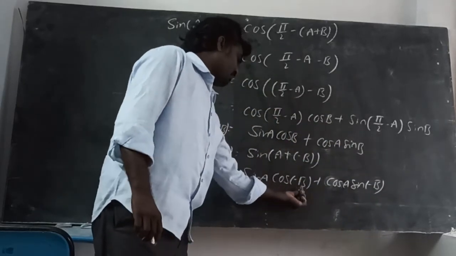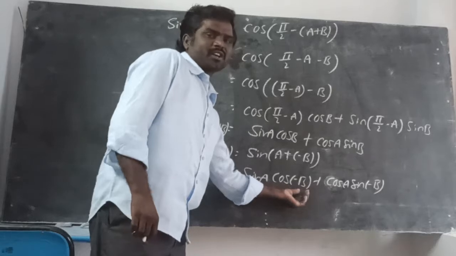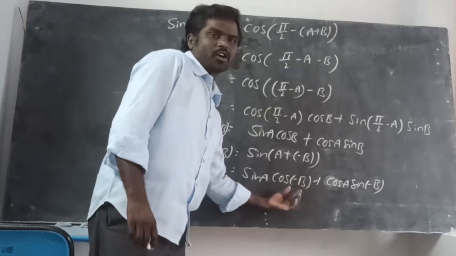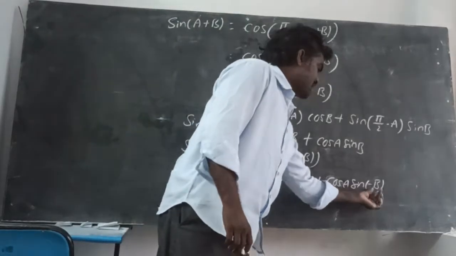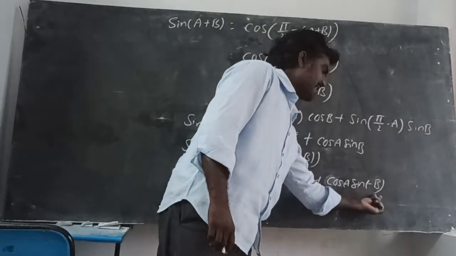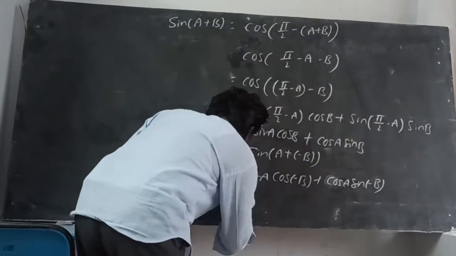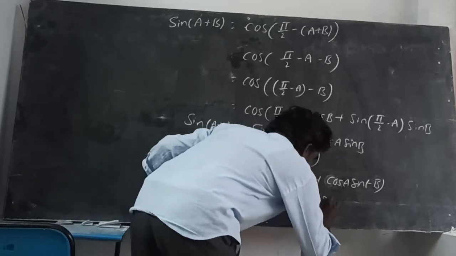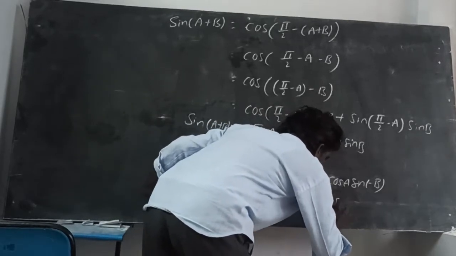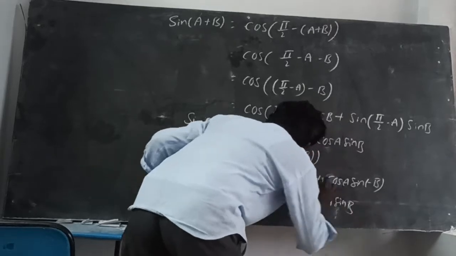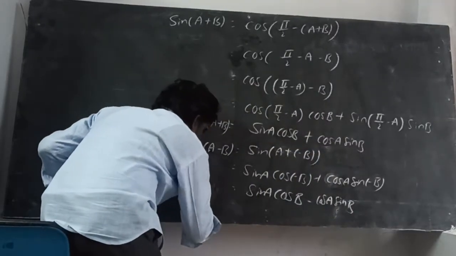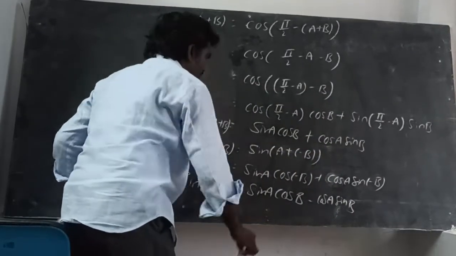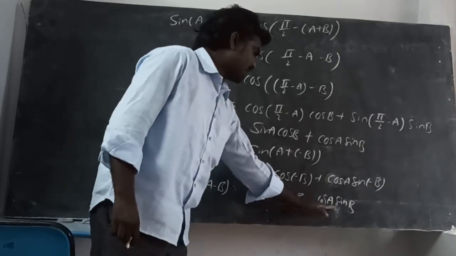Cos of minus b, it is an even function, so cos of minus x is cos x. Sin of minus b, it is an odd function, so sin of minus x is minus sin x. So that is sin a cos b minus cos a sin b. So sin of a minus b is equal to sin a cos b minus cos a sin b.